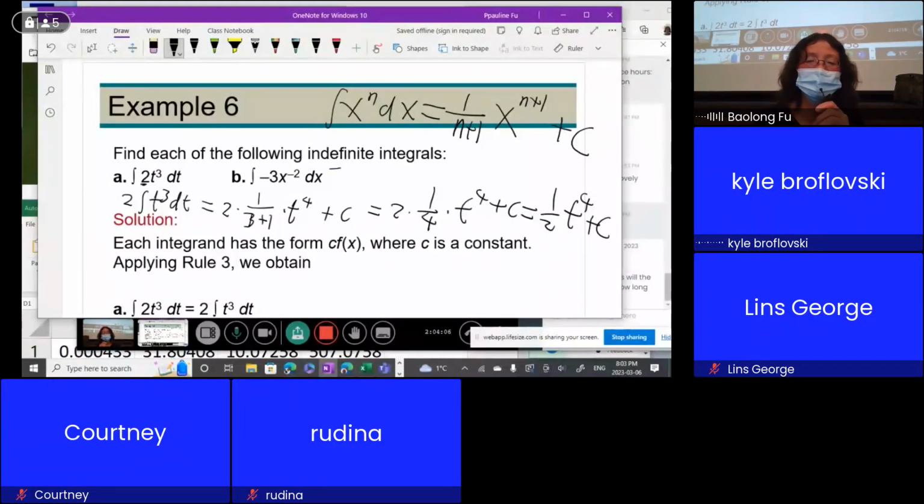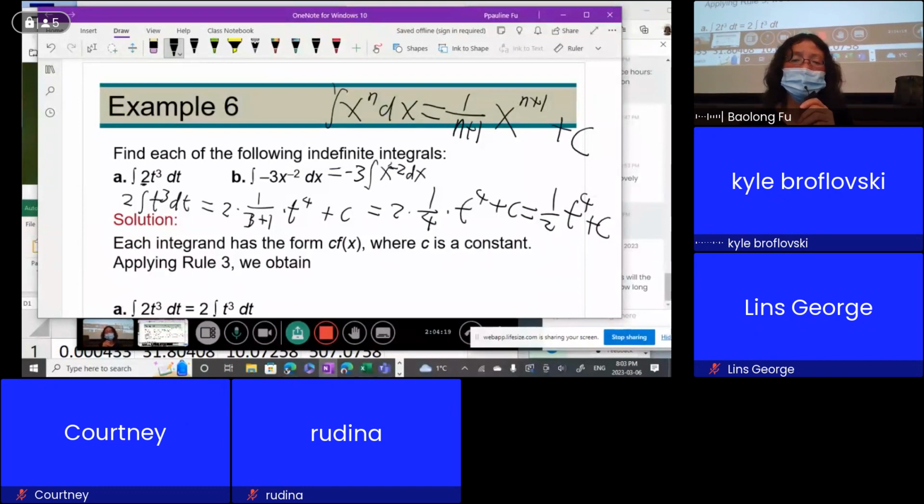For question B, move -3 outside the integral sign. So you have x raised to the power -2. Plug into this formula, n equal to -2, so 1/(-2 plus 1).